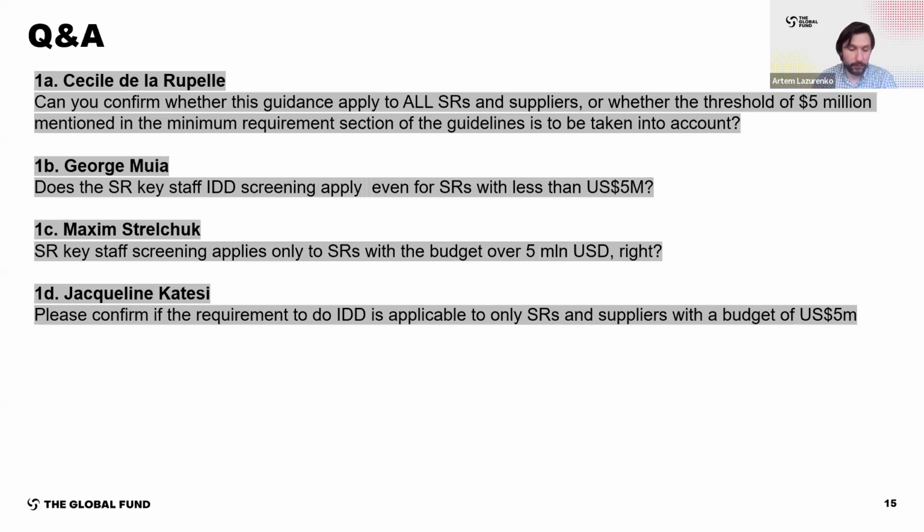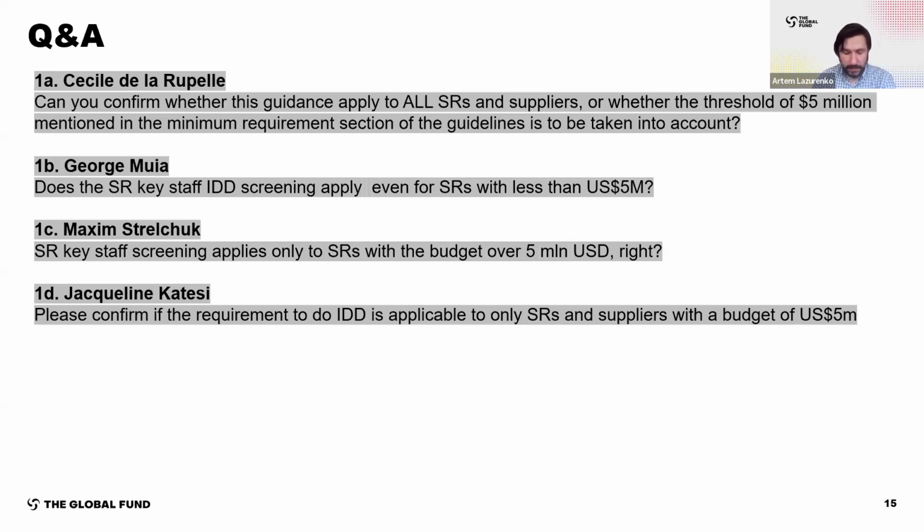The question is, how does the PR go about checking that the supplier is sanctioned? What kind of checks? How frequently would they need to be done? This will depend on the maturity of the PR, the resources that are available, and the Global Fund does not seek to be too prescriptive in this area because we understand that the context is different.